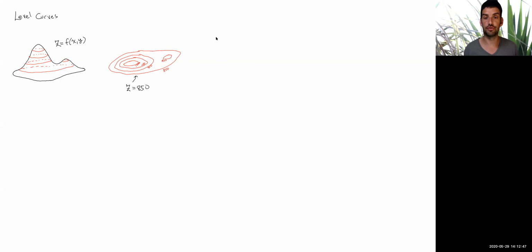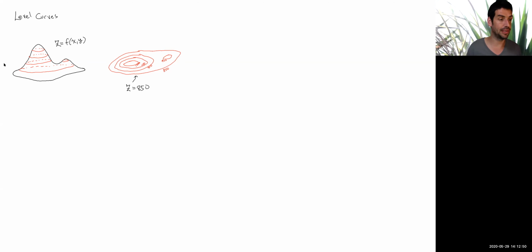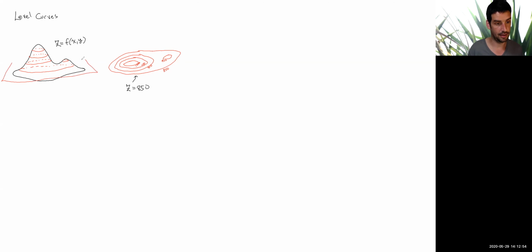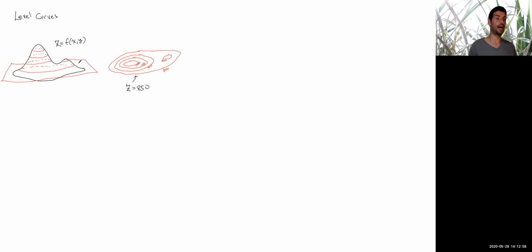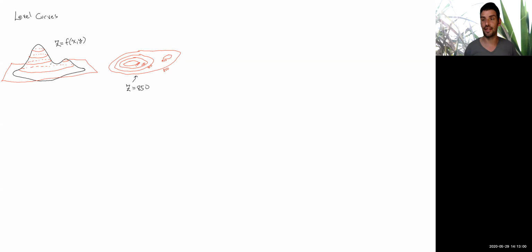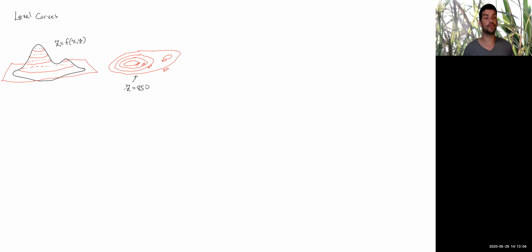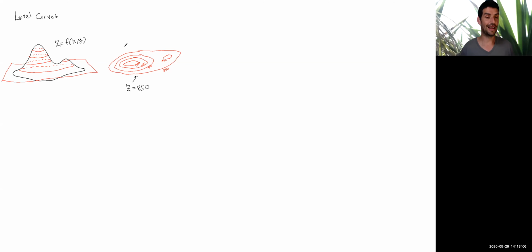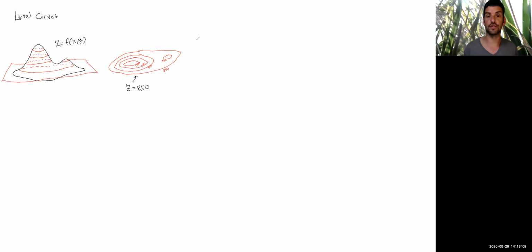If I try to draw that plane in, at the same level as that bottom slice, imagine slicing that thing open, and that's exactly what shape comes out. And so that's how we're going to think about these level curves.